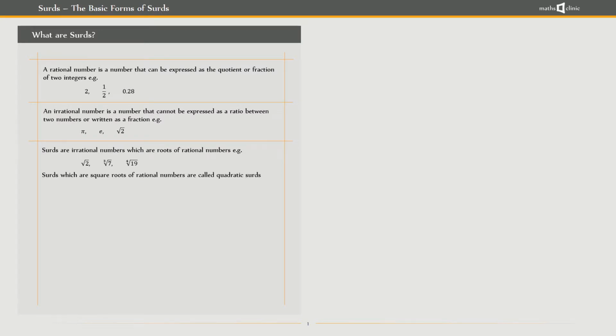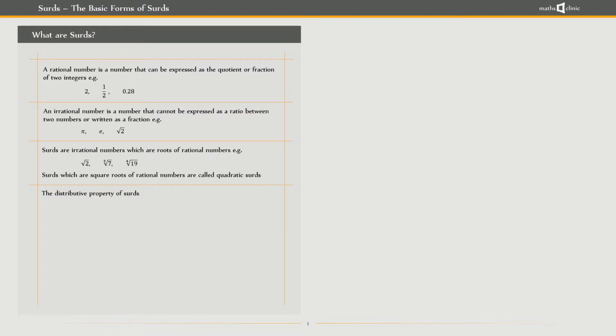So there are certain properties of surds, some very minor things that we need to take note of if we're going to do any operations on surds. The first thing we need to know is the distributive property of surds.